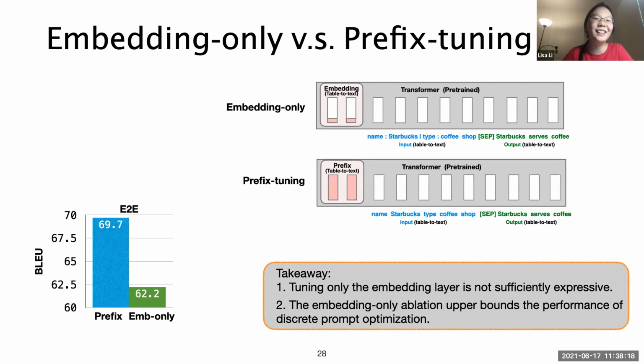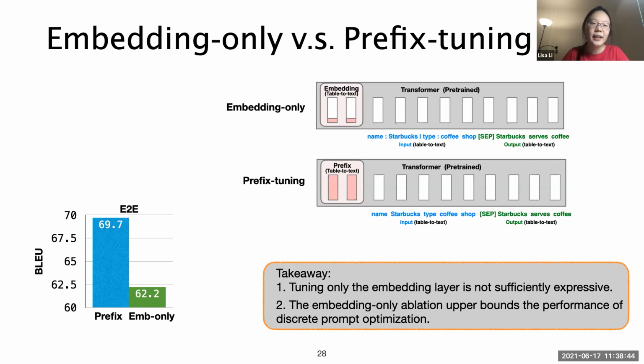We also study this embedding only ablation compared with prefix tuning. Recall that we discussed this ablation as an option for optimizing the task instruction by only doing the embedding layer. As shown in the bottom left bar plot, there is a large performance gap between prefix tuning and the embedding only ablation.